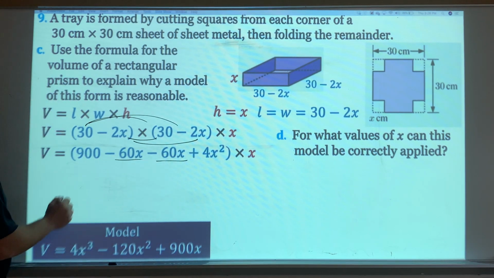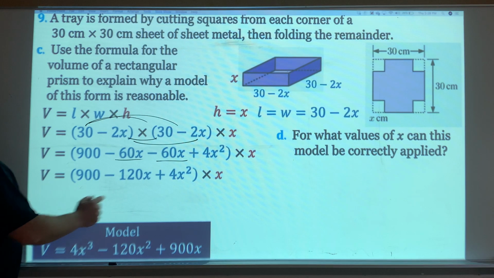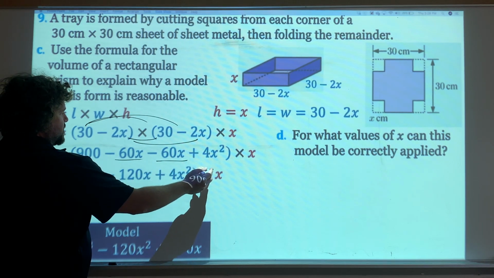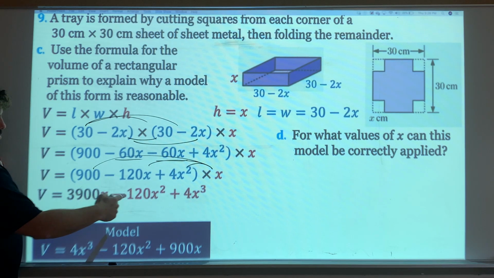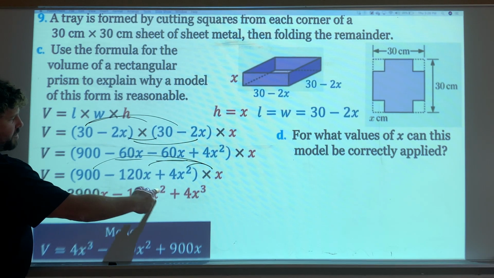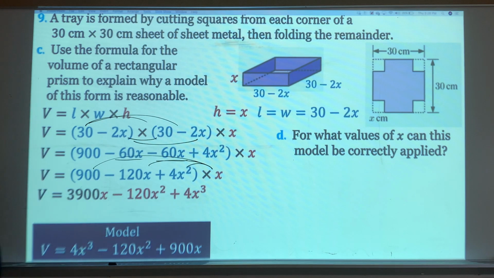These combine: 900 minus 120x plus 4x squared, times x. You're going to distribute this x: 900x minus 120x squared plus 4x cubed. All right? Got it?